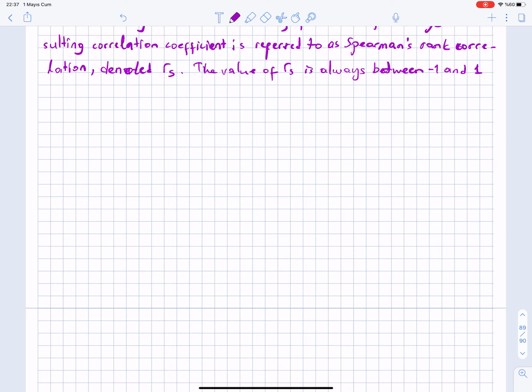The use of ranks allows us to measure correlation using characteristics that cannot be expressed quantitatively, but that lend themselves to being ranked. For instance, it is difficult to measure the quality of a television picture quantitatively.